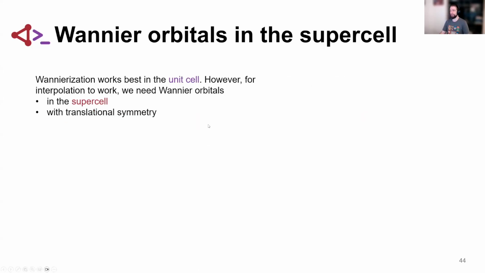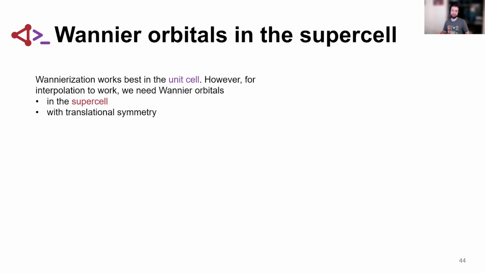Okay, so one thing that will also make it into the next release is a nice feature where we can solve a common problem with supercell-based approaches. So Wannierization, as I've just presented it, works very well in a unit cell. But if you want to use the same thing in a supercell, and mind you, we do need a supercell for our method to work, we have to jump through extra hoops. It's very expensive. The iterative scheme doesn't really work out all that well.